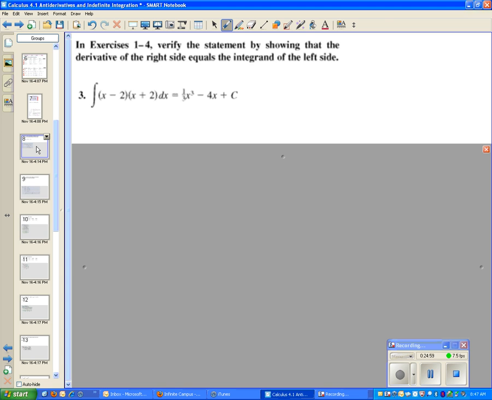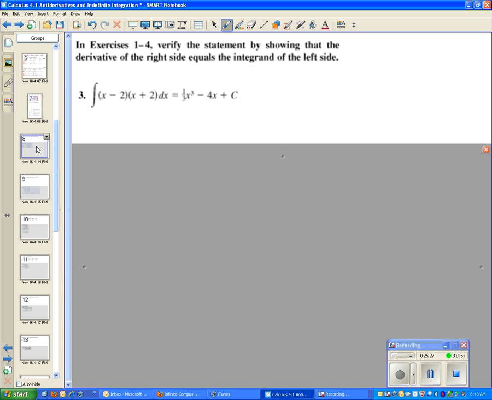On page 255, let's begin with number 3. Verify the statement by showing that the derivative of the right side equals the integrand of the left side. So they're not asking us to figure out the integral yet. They're trying to get us to see the relationship.